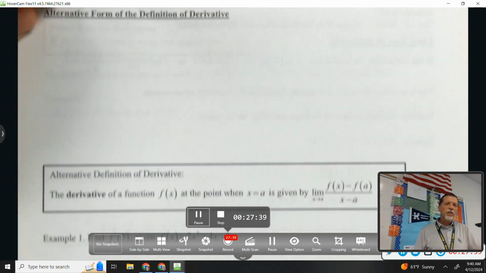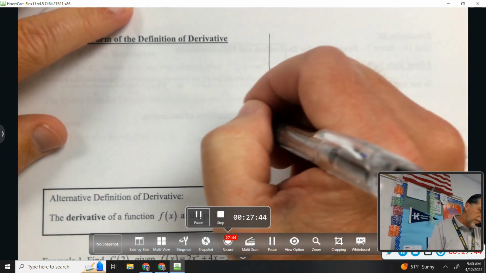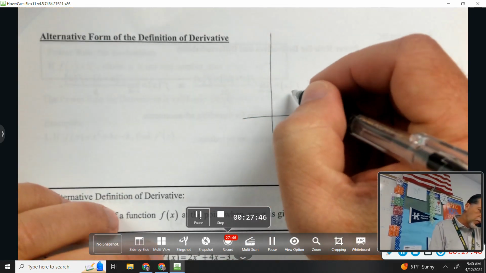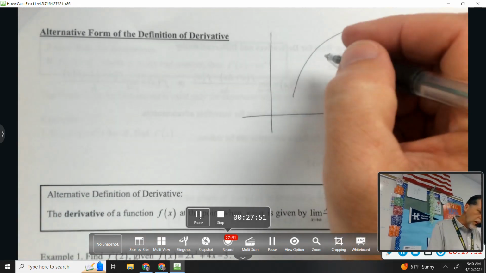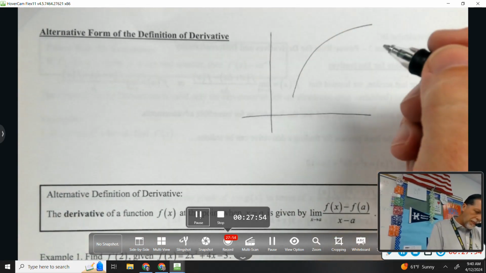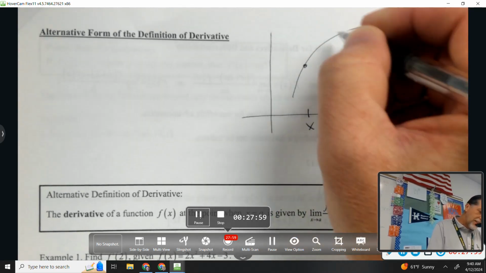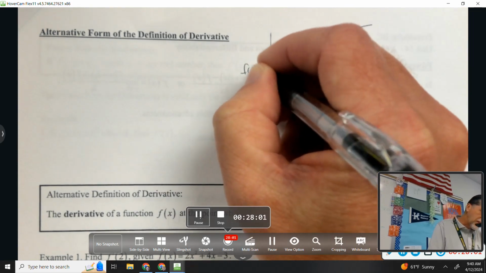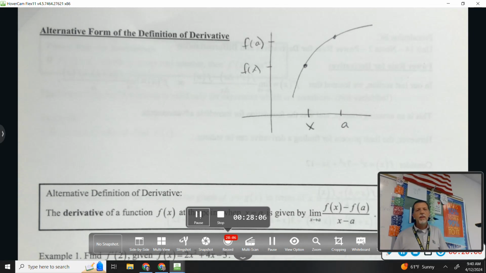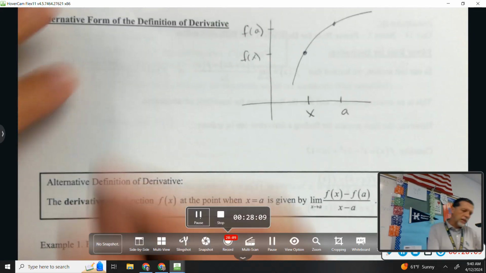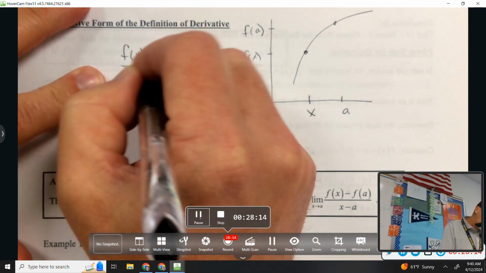Alternative form. This is, in some ways, even easier. Let's do the same thing, except here's the algebra slope, f of x minus f of a over x minus a.